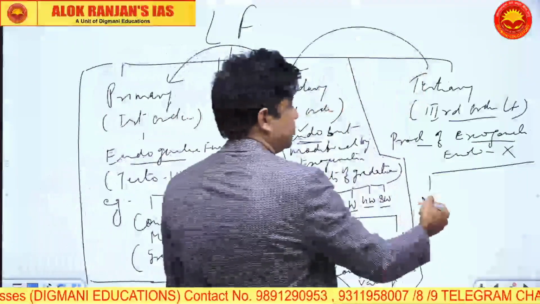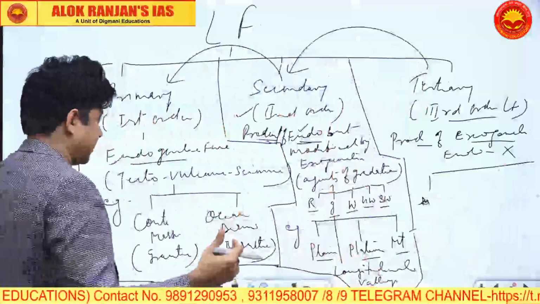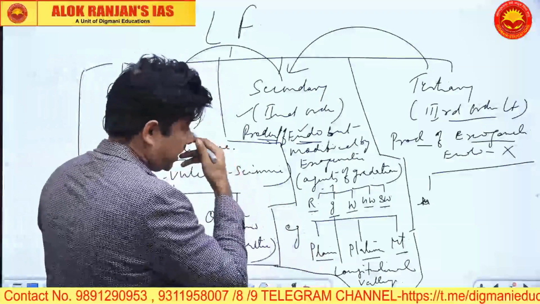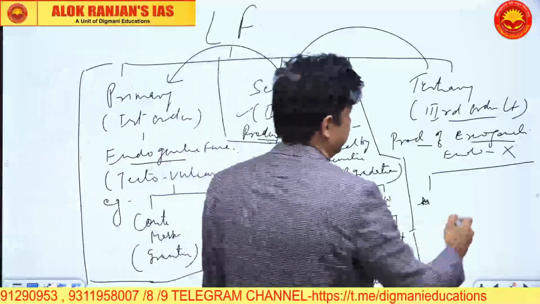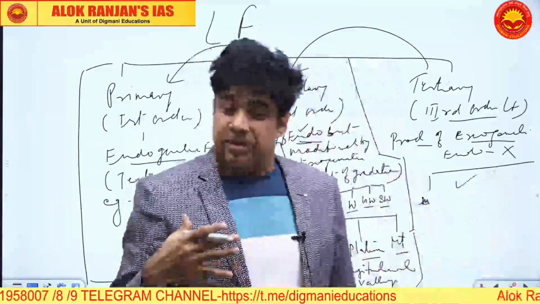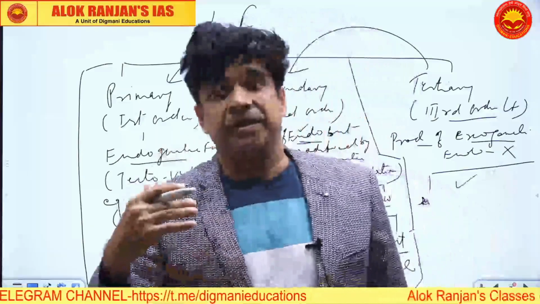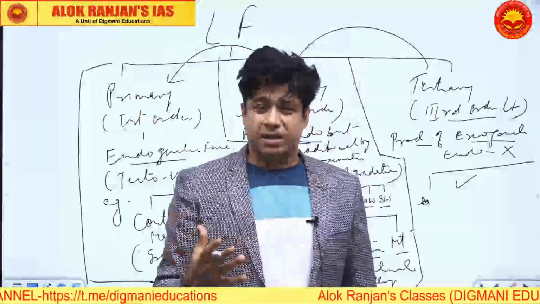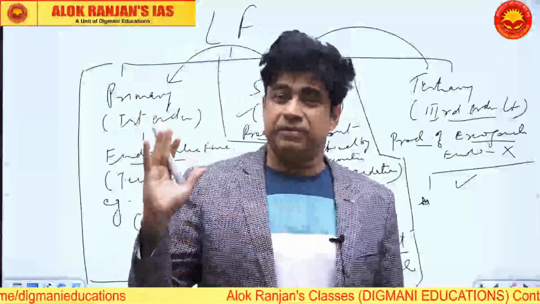And here we can have numerous examples. Whatever landforms we study in the geomorphic processes, they all fall under tertiary landforms. Like I said, delta, floodplains, the oxbow lake, the tarn lake, the esker, the drumlins, whatever you randomly remember, they're all third order landforms, right?